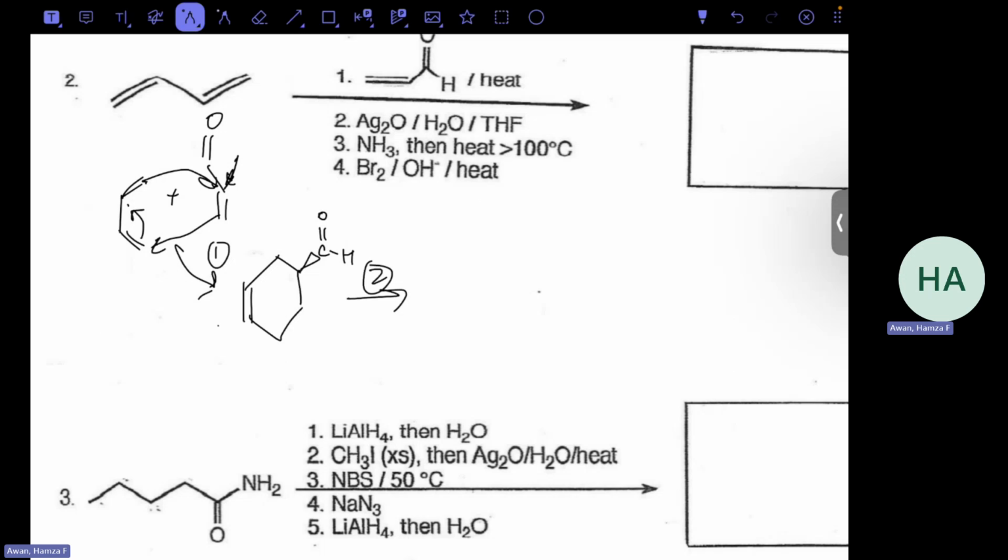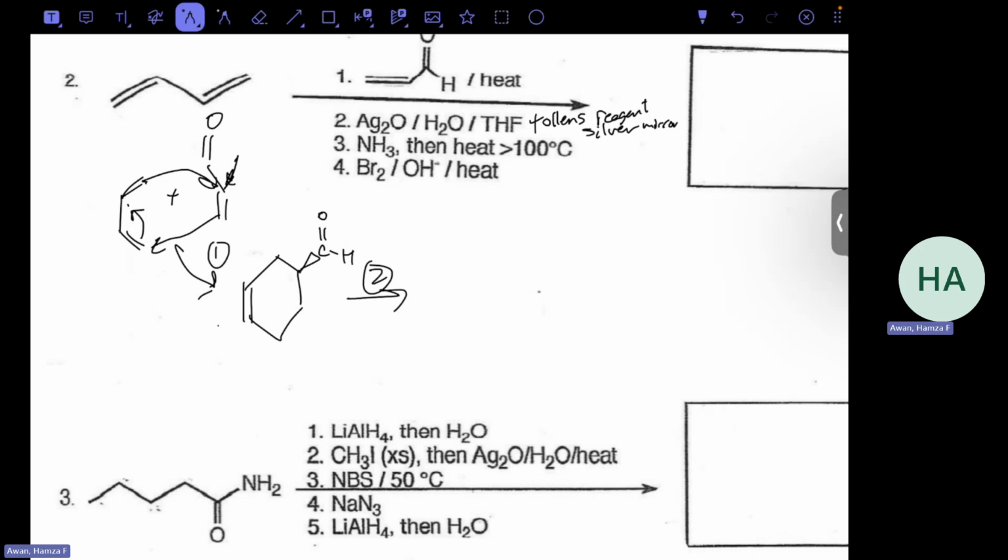So second step, Ag2O, H2O, THF. This is a reaction you maybe don't remember. This is Tollen's reagent. What Tollen's reagent does, I think it's called a silver mirror, you may remember doing in your lab.